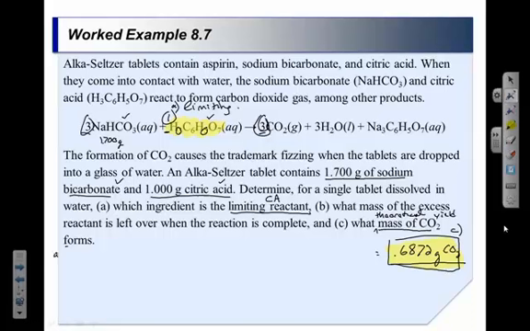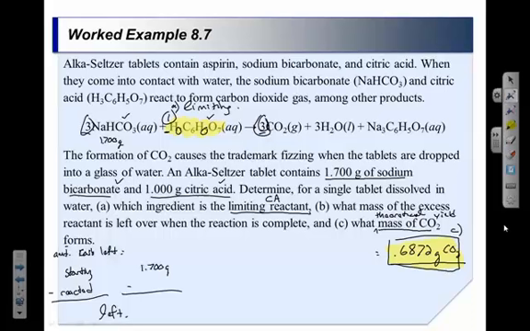So the amount of the bicarbonate left will be equal to the starting amount minus the reacted amount. That will tell me how much is left. I've got the starting amount, 1.700 grams. I need the amount that reacts.